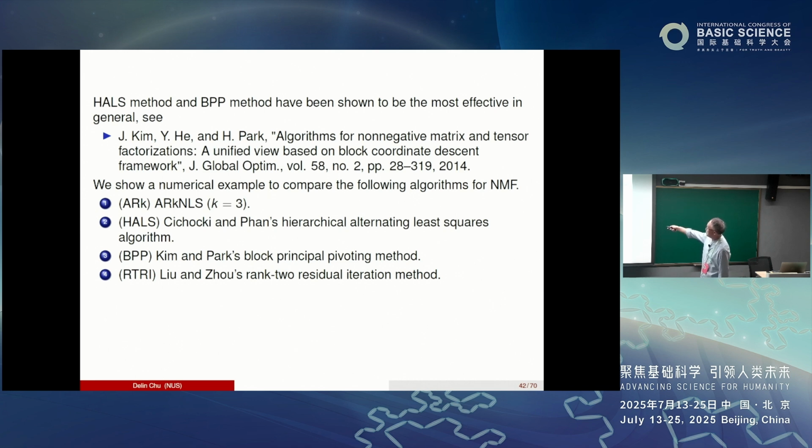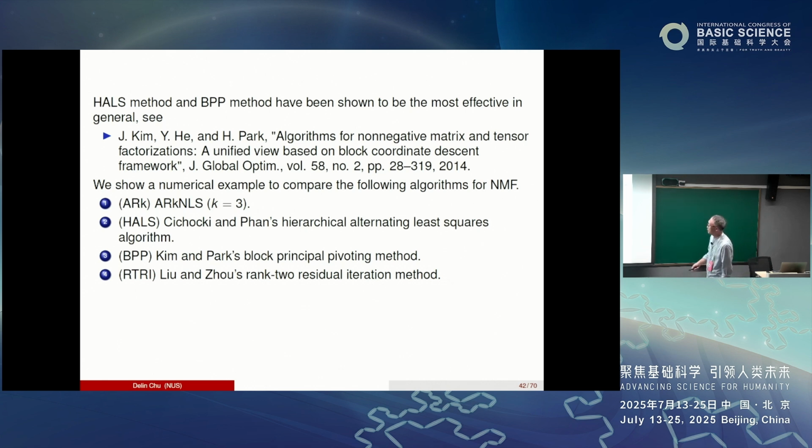Again, in this paper, a lot of numerical experiments are given. According to the numerical experiments given in this paper, we know these two methods, the HALS method and the BPP method, are the most effective, in the sense that the HALS method is very fast, while the BPP method is very accurate if we consider the residue.